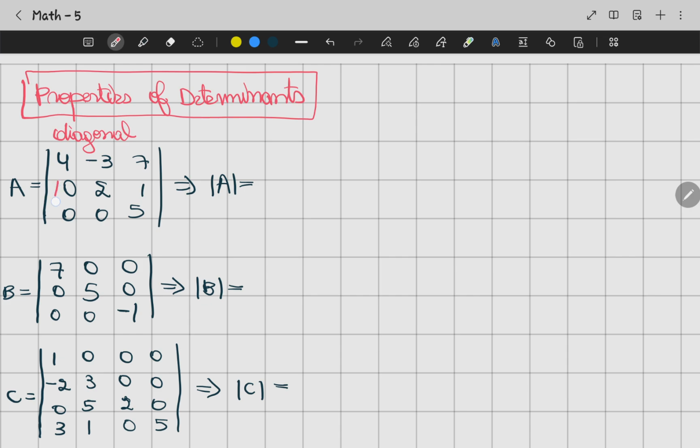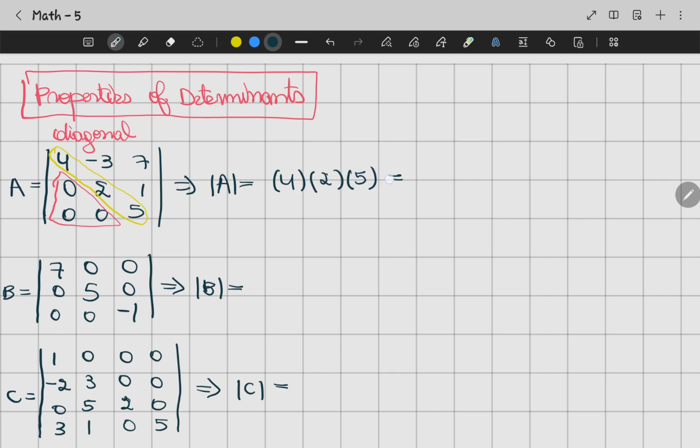Since we have a triangular form, with this diagonal form, what we get as the answer for the determinant is straight 2 times 4 times 2 times 5.